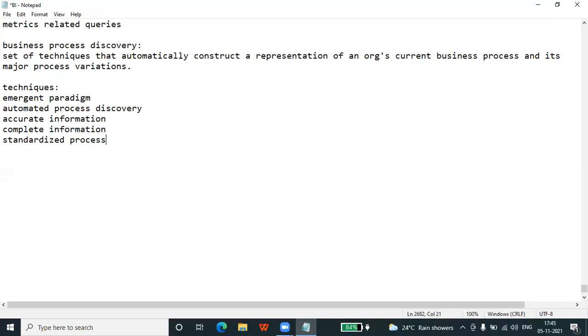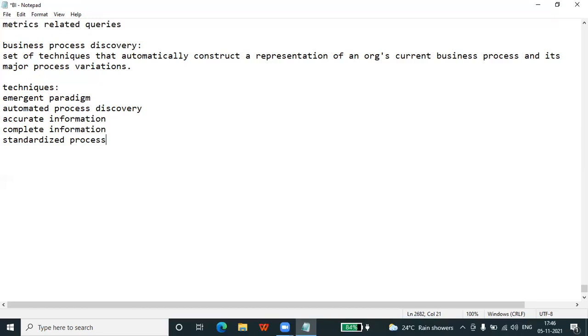So current methods are based on top-down, structured, manual interviews, relying on second-hand representations of the business process system behaviors. An automated discovery process relies on collecting data from the information system over a period of time.